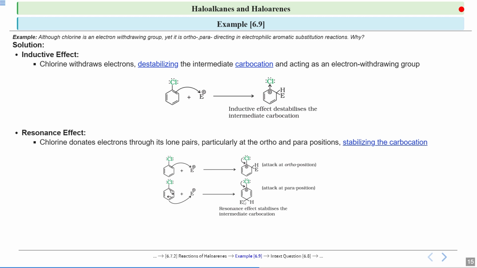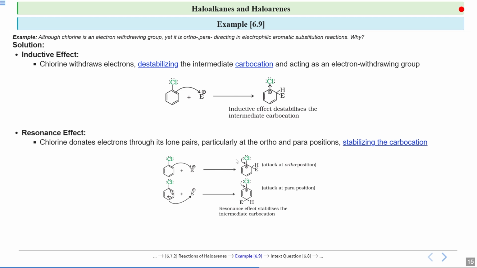But these carbocations, which are ortho substituted and para substituted, are stabilized by the resonance effect. So the resonance effect shown by the chlorine is stabilizing the intermediate carbocation, because the resonance effect is due to the lone pairs of electrons present on the halogen. Meanwhile, due to the inductive effect, it is destabilizing the carbocation.